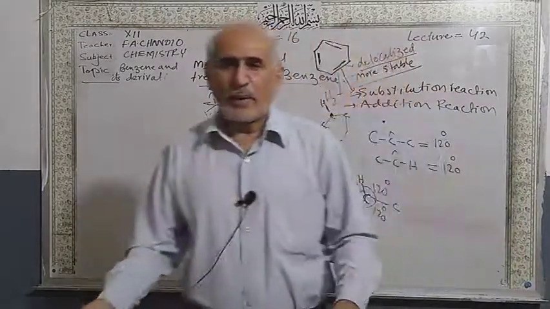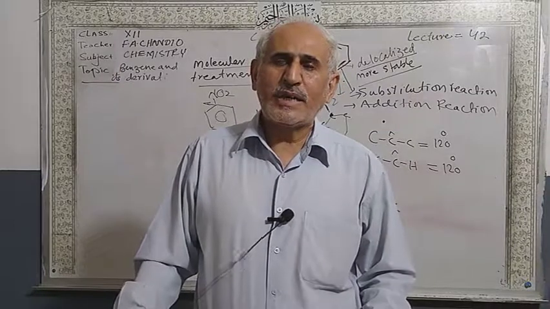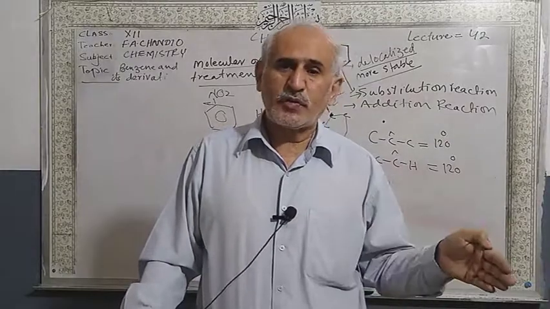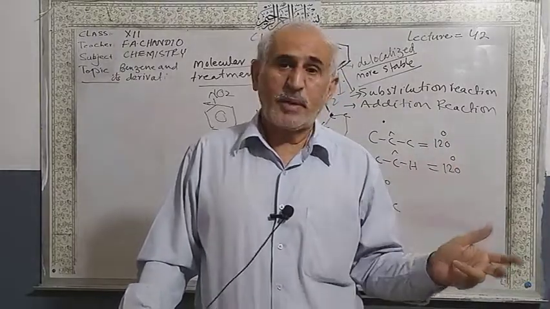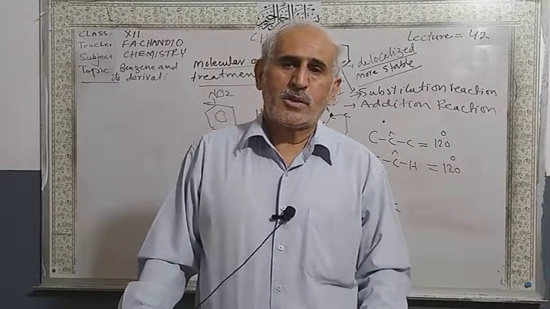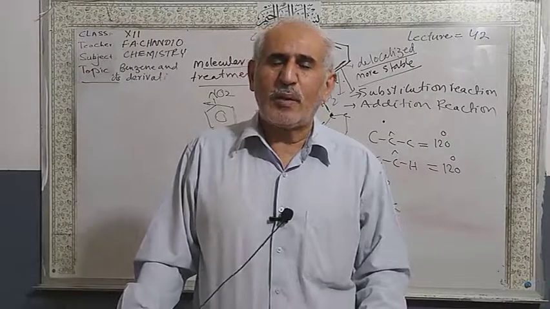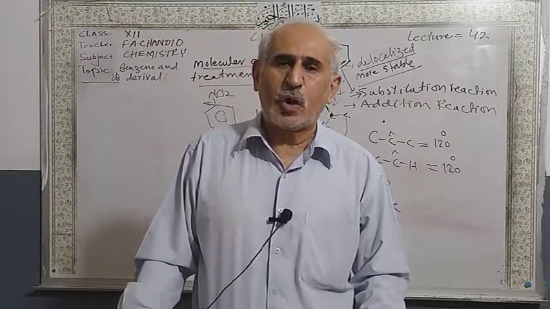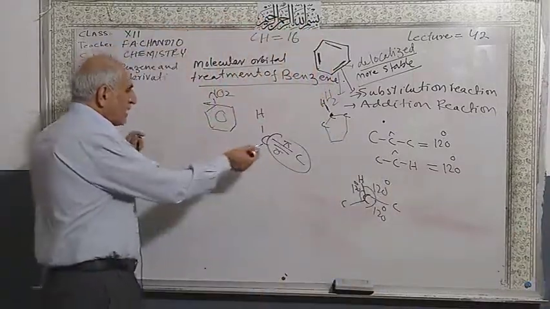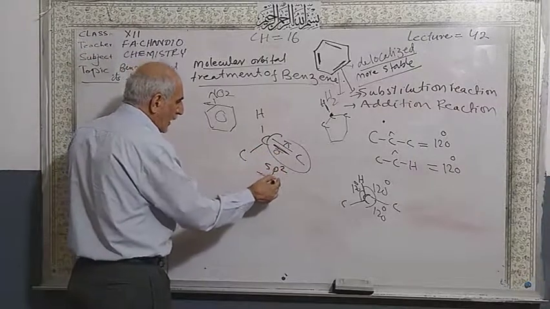So dear students, in the pi bond there is no hybridization. A pi bond is not formed by the hybridization process. A sigma bond is formed by hybridization, maybe sp3, sp2, or sp. When you form a pi bond, it is formed by the unhybridized atomic orbital, so one 2p is used. That's why in benzene there is sp2 hybridization.